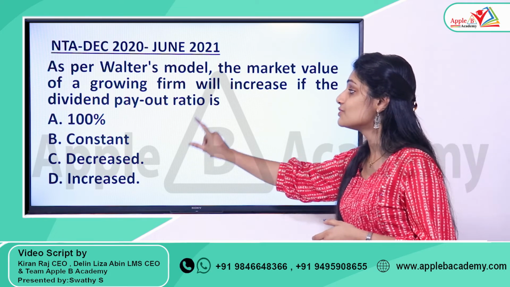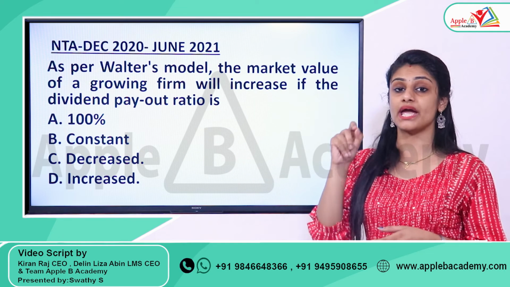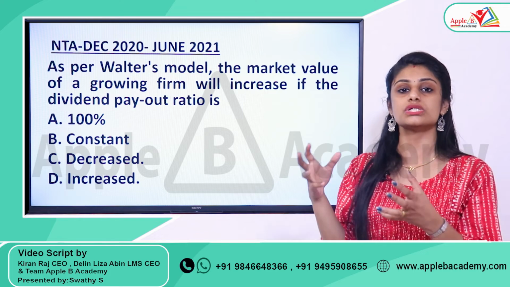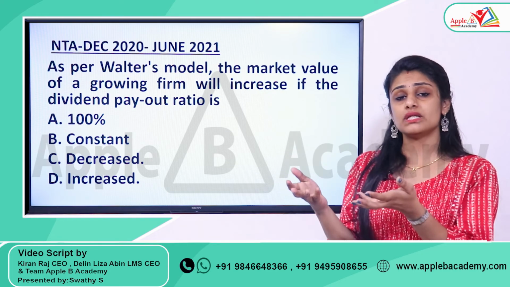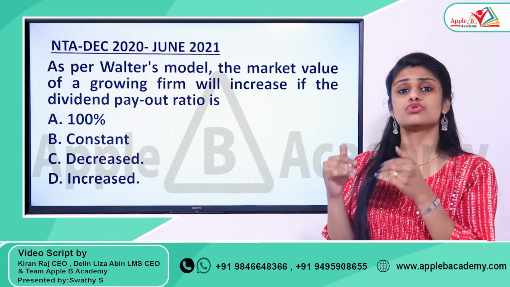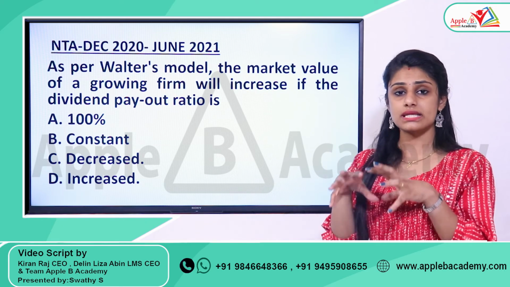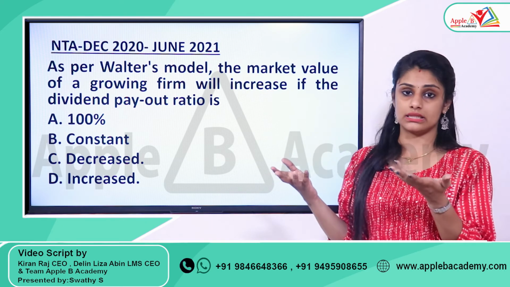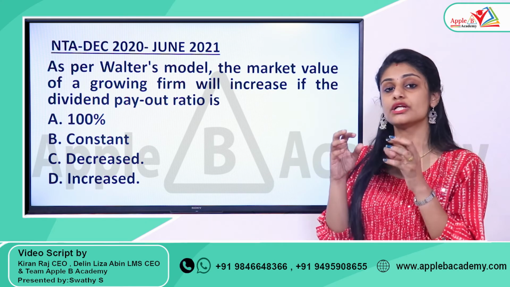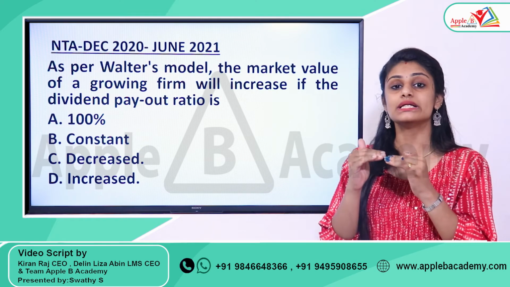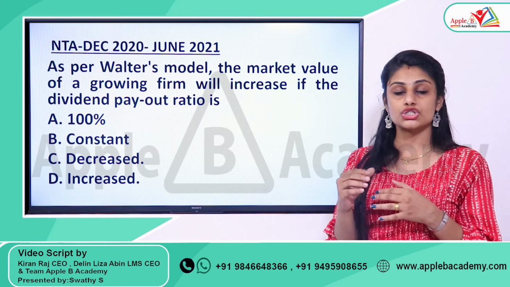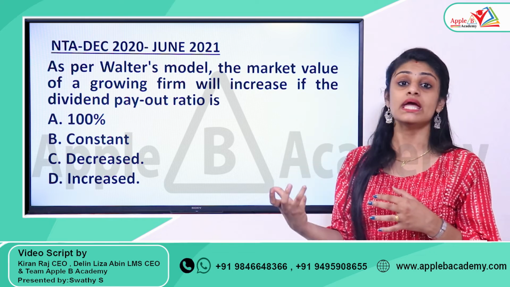If the payout ratio gets decreased, that means you are giving 0%, or earlier they were giving 70% and that got reduced to 20% or 10%, your value is increasing. That's why it is assumed that you should make the optimum payout ratio 0%. When you are decreasing your payout ratio, the value will be increased.